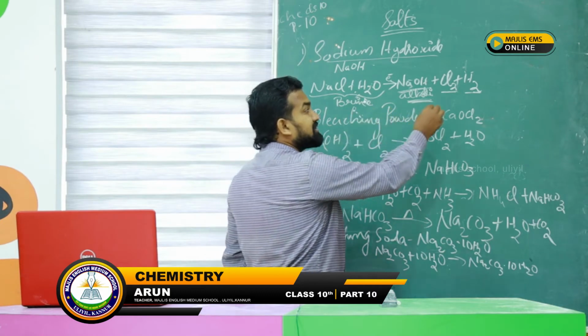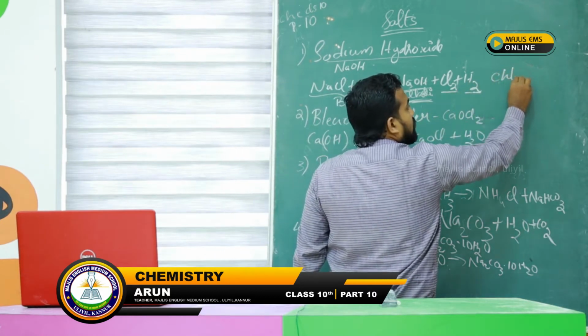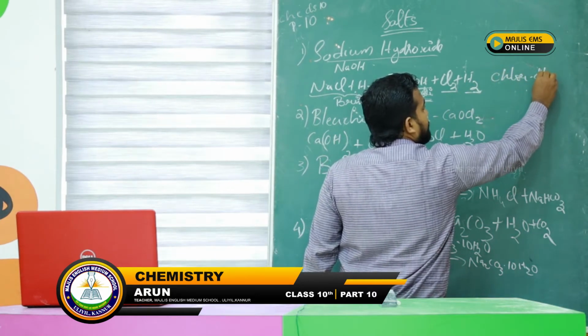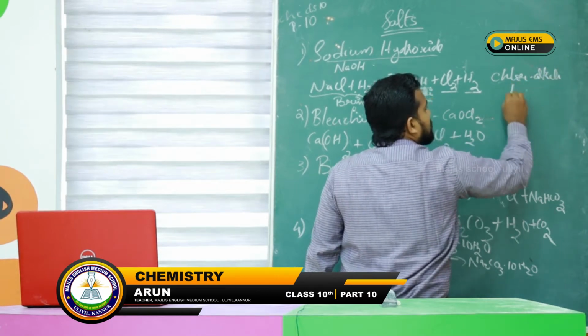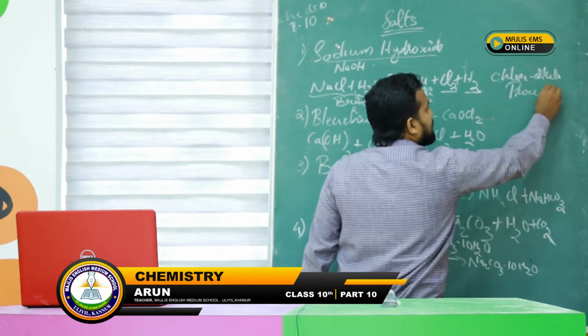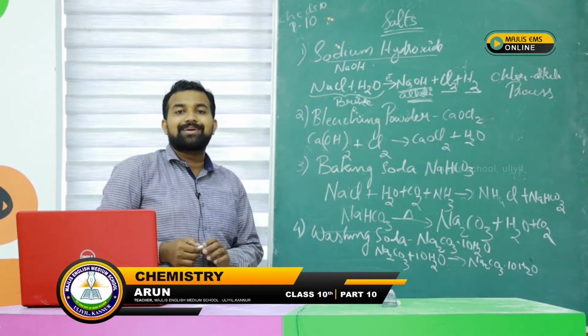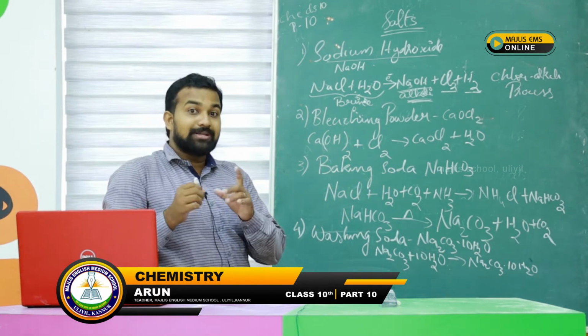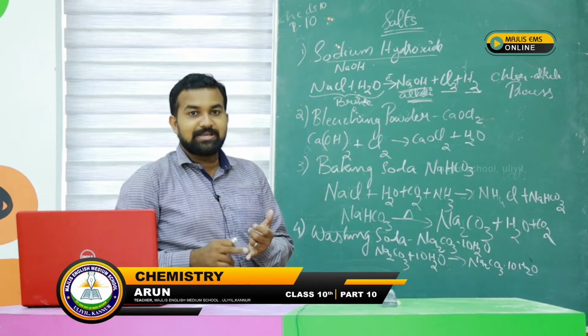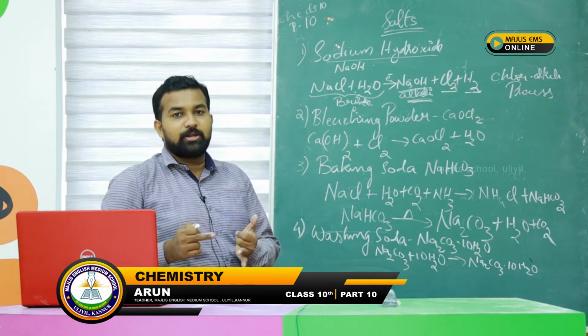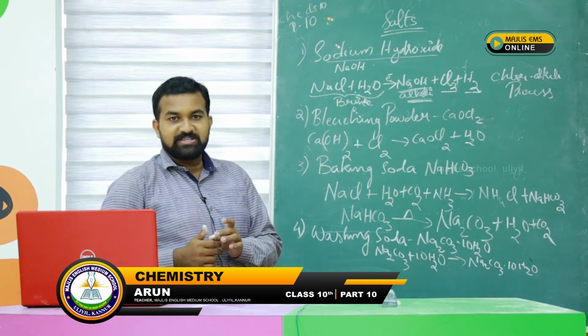Okay, so this process is called the chlor-alkali process. This production of sodium hydroxide is called chlor-alkali process because of the products formed: chlorine gas as well as an alkali, which is sodium hydroxide. Clear? The preparation is clear?